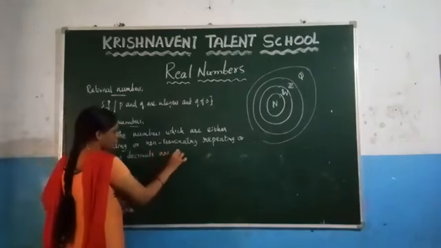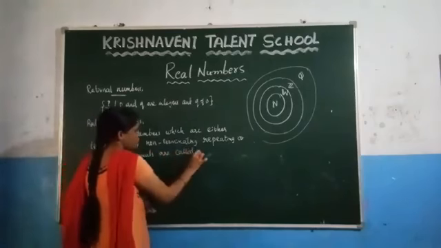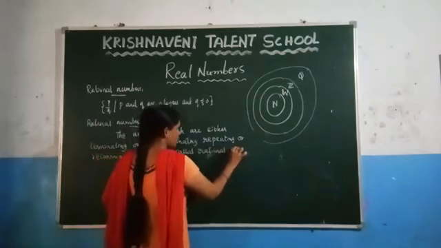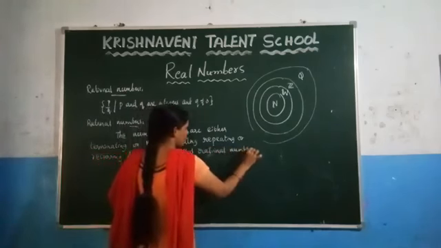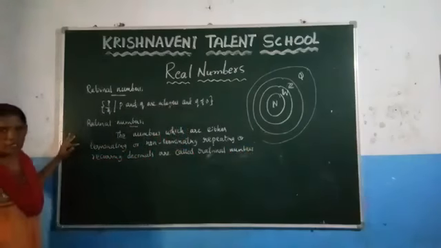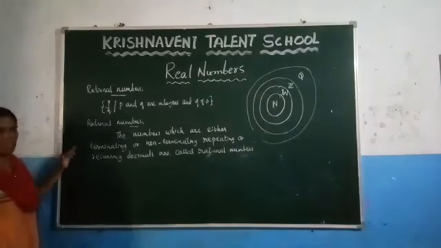They are called rational numbers. What are rational numbers? The numbers which are either terminating or non-terminating repeating decimals are called rational numbers.